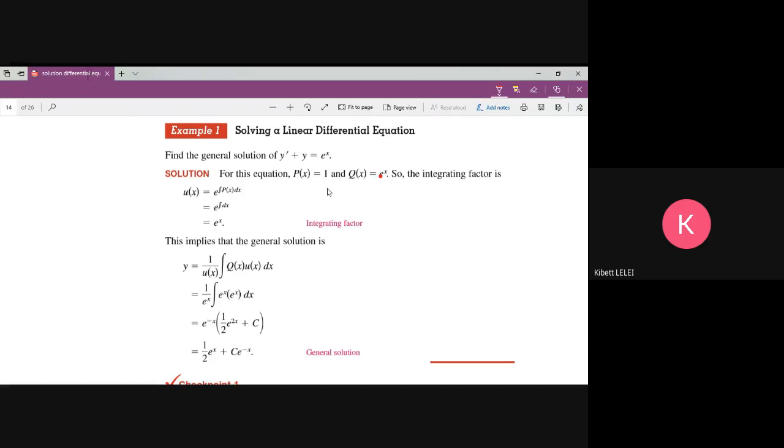Is that one not y dx? When we differentiate y, we get 1. So it means that we differentiate this y to be 1.